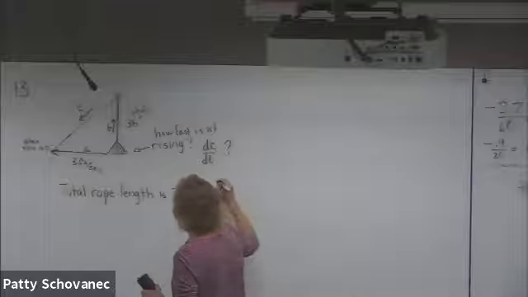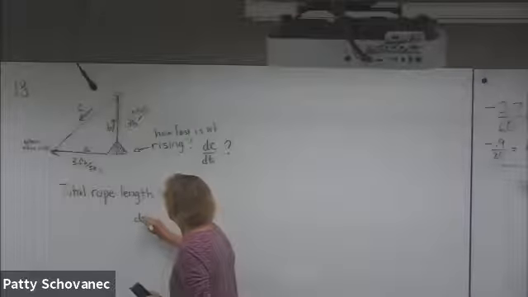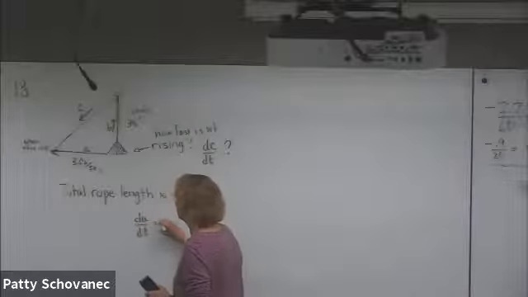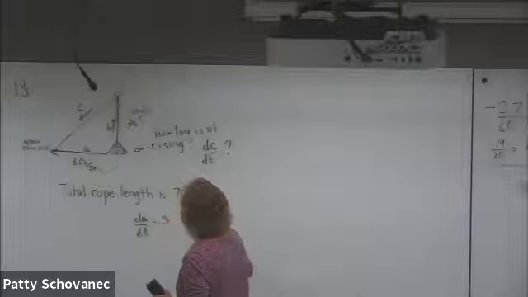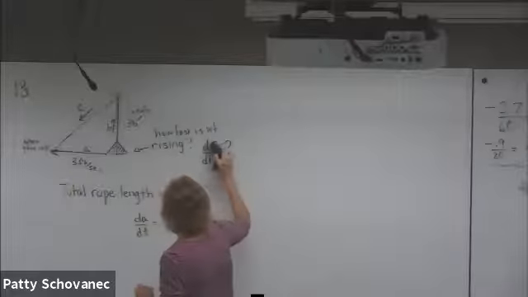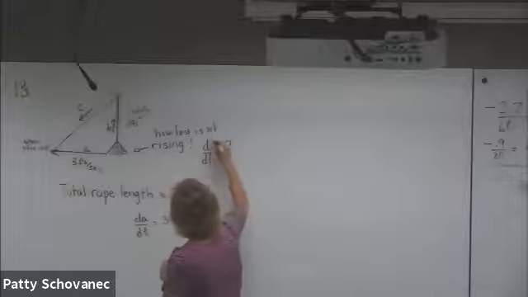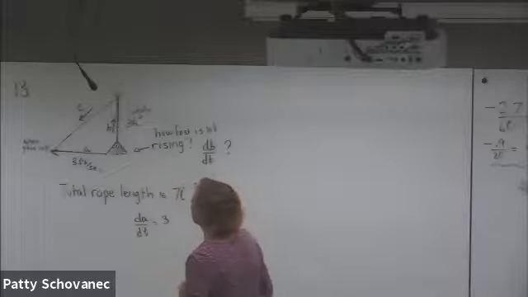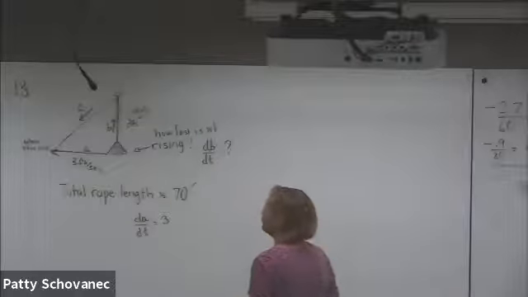We have dA/dt. It's equal to 3. Nope, we don't want dC/dt, we want dB/dt, right? The weight rising. I don't know anything about dC/dt.